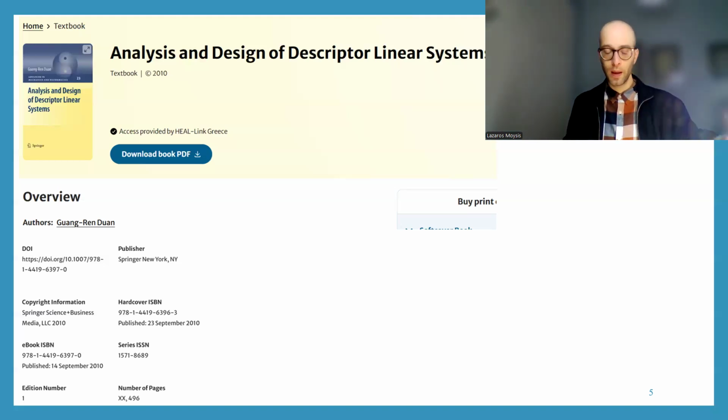What I really like about this book is that, assuming that you probably already know some basic stuff about state space systems, it basically gives you everything you want to know about descriptor systems. So it doesn't require any previous knowledge on descriptor systems. Okay. Of course, you need to know state space systems, the basics, and of course, you need to know a little bit of linear algebra.